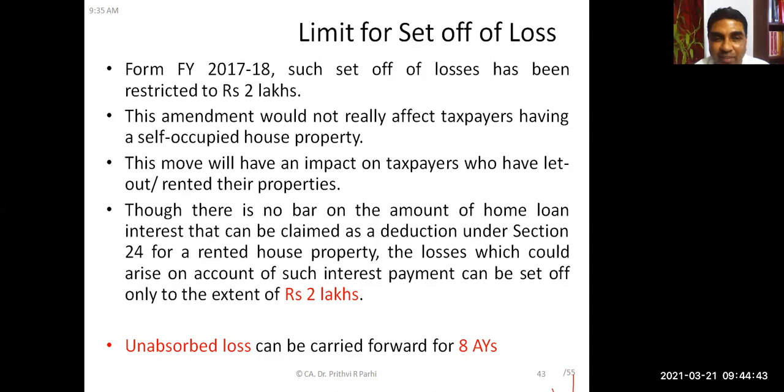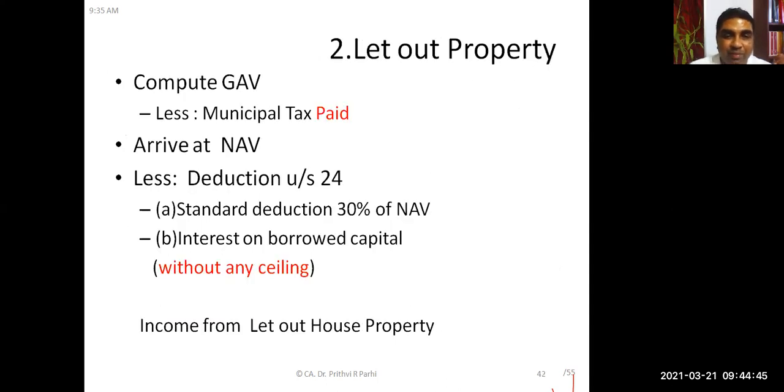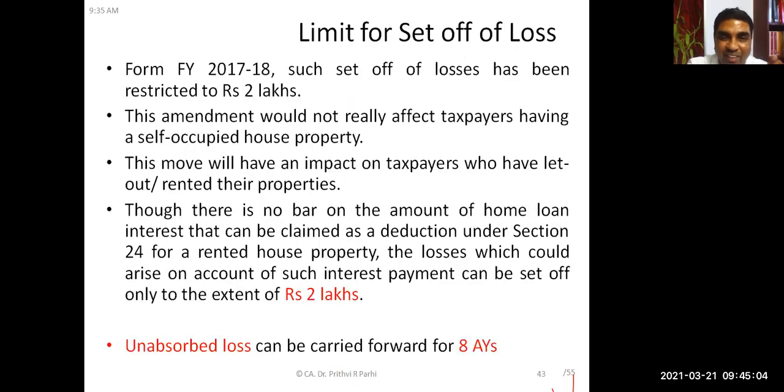In a particular year, any amount of interest is allowed. Let us say interest is 10 lakh rupees. 10 lakh rupees is allowed, is it not? Because of that, let us assume the loss from let out house property can be minus 10 lakh rupees. Income from house property can be minus 10 lakh, or loss can be 10 lakh rupees.